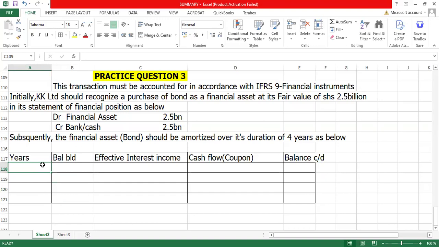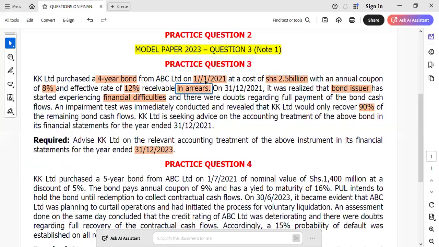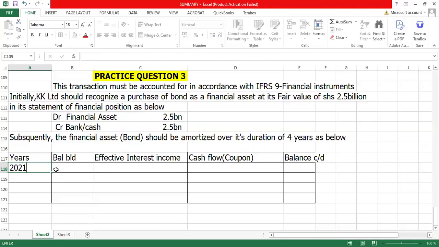The first year is which year? Purchased this bond on which date? 1st January 2021. So I can put here 2021. Can we keep our figures in millions, shillings in millions? So here I'm going to say 2,500, because this was 2.5 billion.